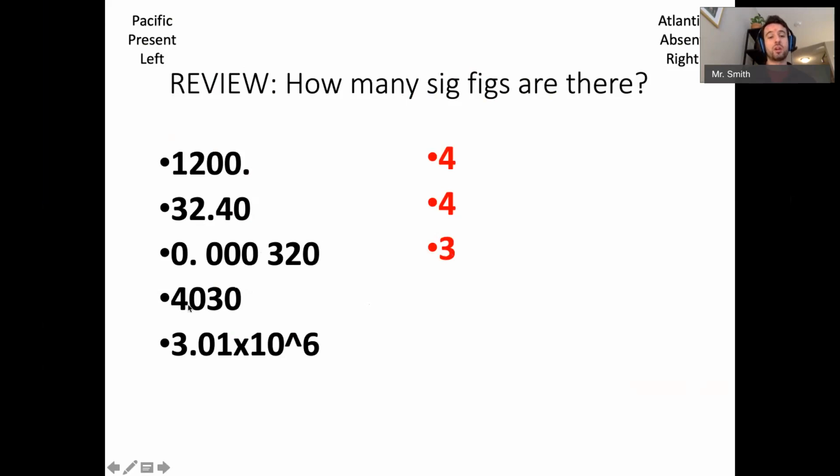This problem 3, but the second zero is not because it's a placeholder zero after decimal zero. The whatever. So that would be 3 sig figs.